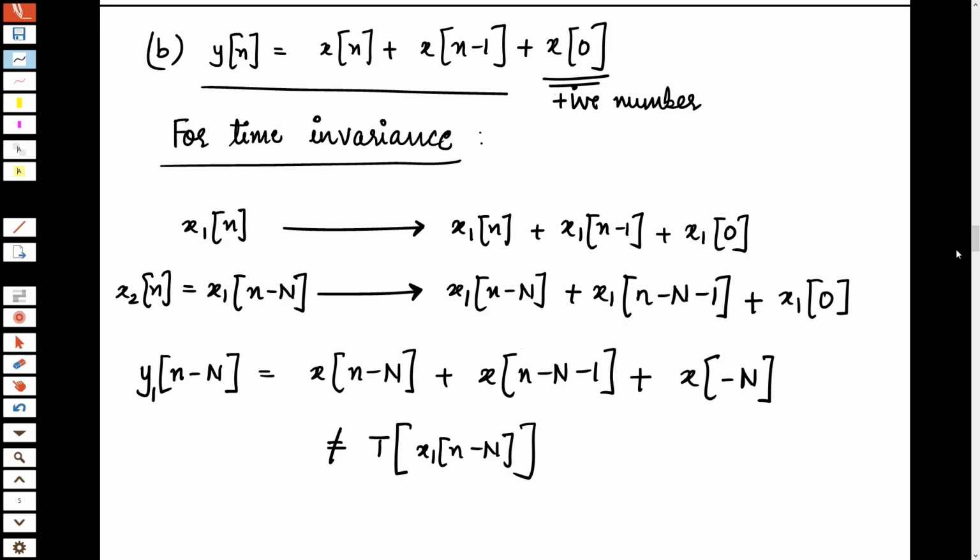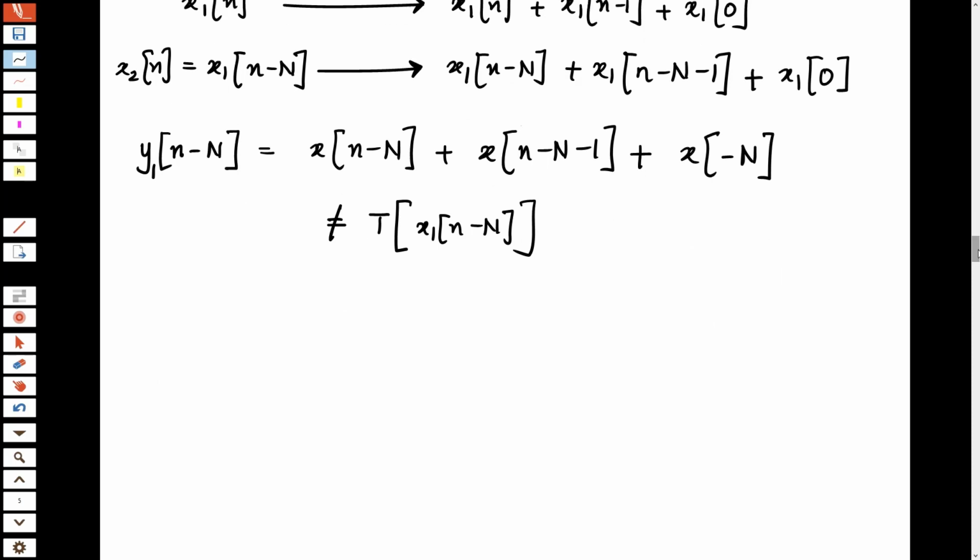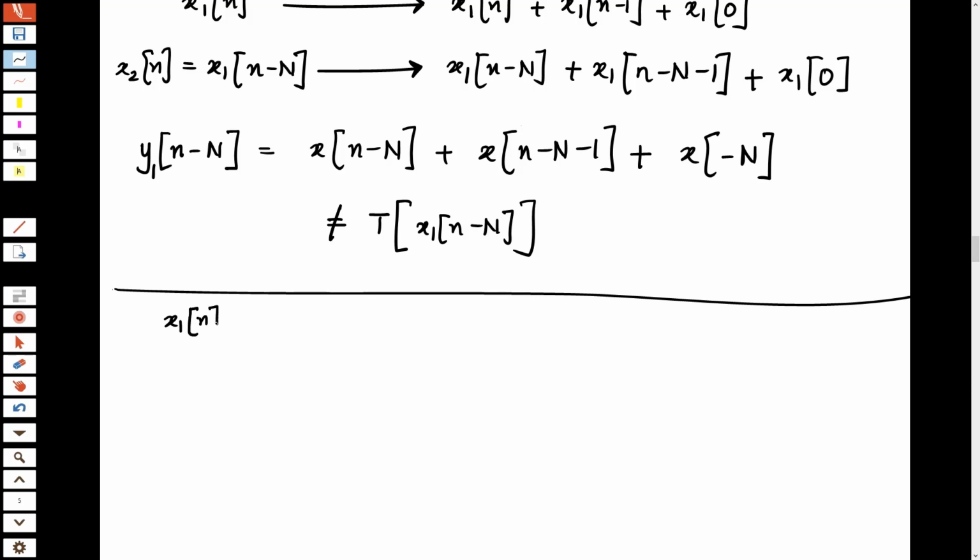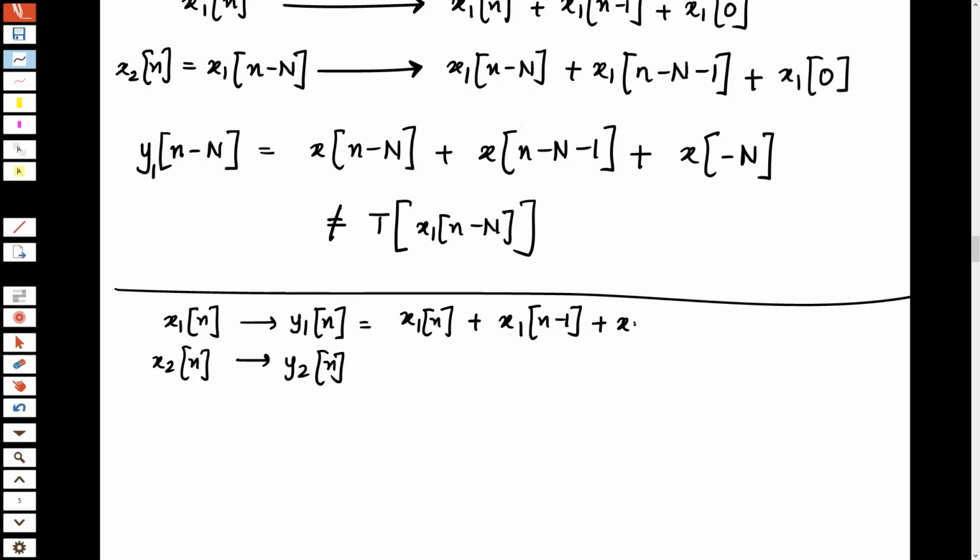Now let us look at linearity for that matter. Linearity is pretty simple to explain. So let x1 give you an output y1, x2 give you an output y2. And what are those outputs? x1[n] + x1[n-1] + x1[0] and x2[n] + x2[n-1] + x2[0].